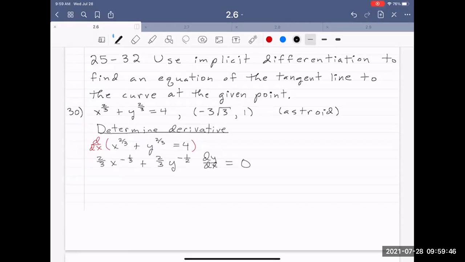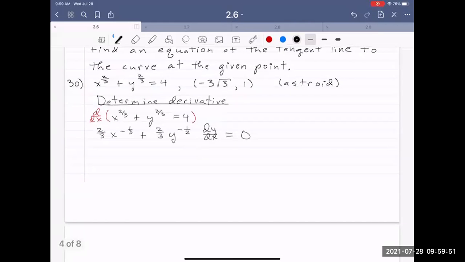And I want to determine the slope at the point (-3√3, 1). So let's evaluate the derivative at the given point.